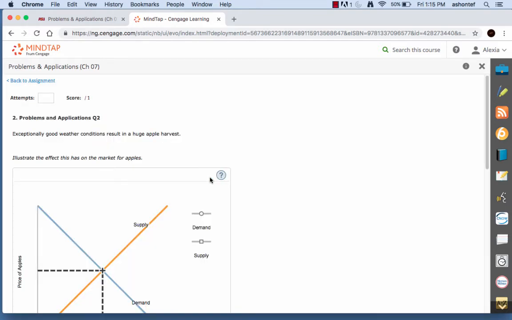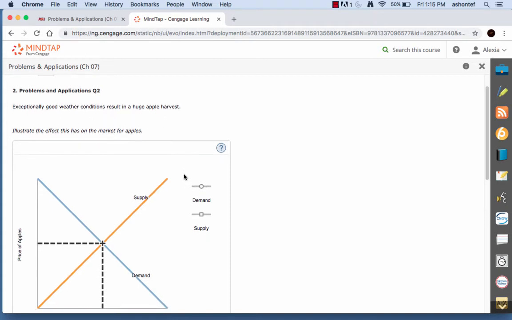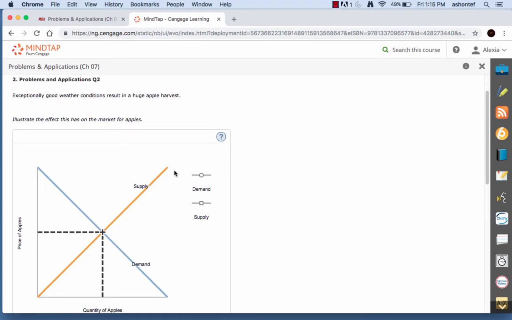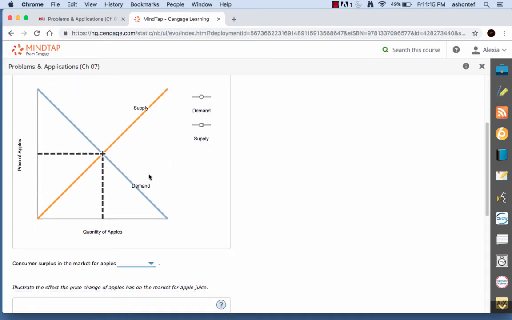Okay, this particular question, you've got supply and demand, and it's saying, let's assume you have exceptionally good weather which results in a huge apple harvest. So this is bringing in this idea of determinant of supply. So if we have great weather, remember that's a supply determinant, so what is going to happen to our supply curve?